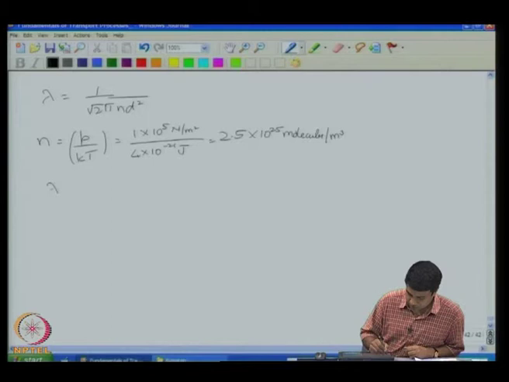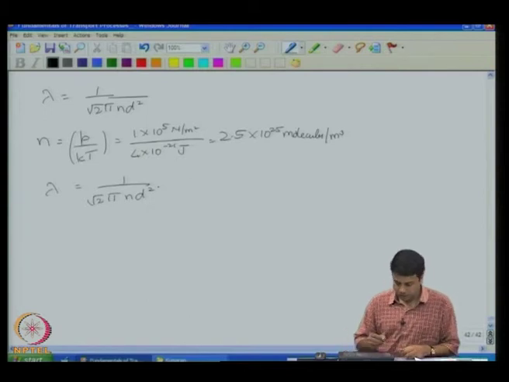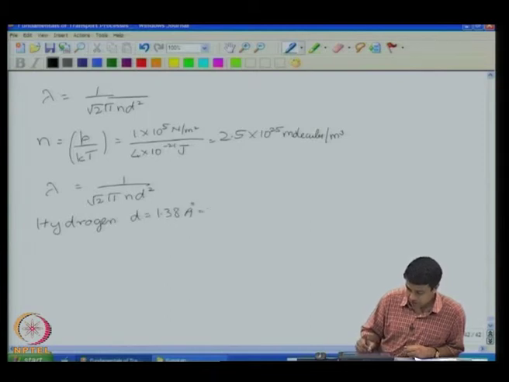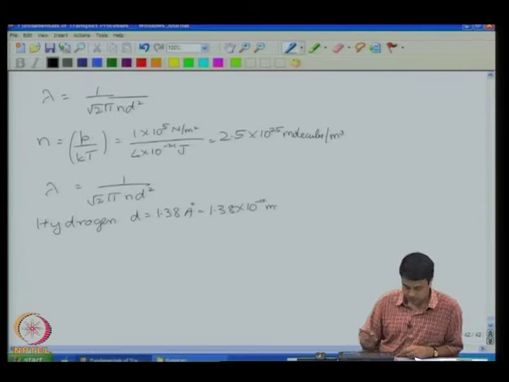The mean free path is going to be equal to 1 by root 2 pi n d square. For hydrogen, d is 1.38 angstroms, which is approximately 1.38 times 10 power minus 10 meters.